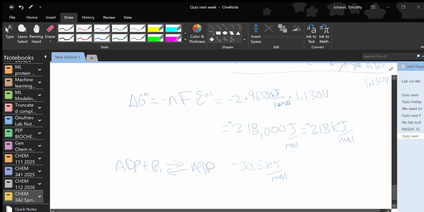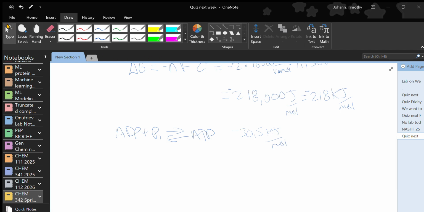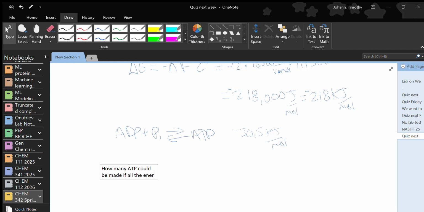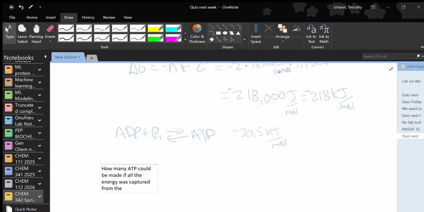So how many ATP, if we captured all that energy, how many ATP could we make? More than 2. How many? More than 2.5. How many ATP could be made if all the energy was captured from the 2 electrons, well, from the overall reaction for the electron transport chain.